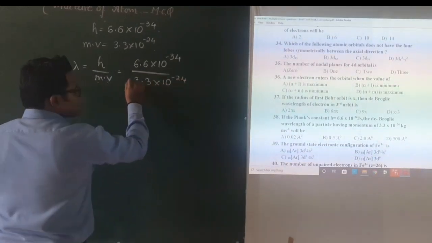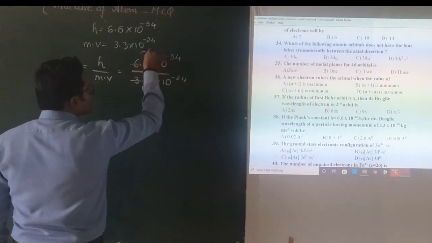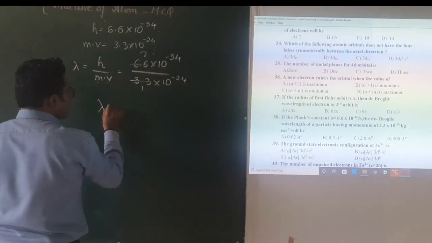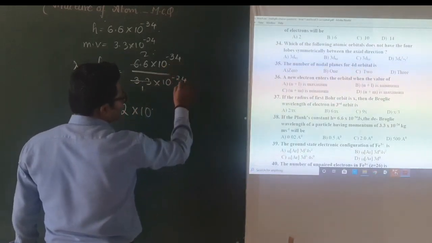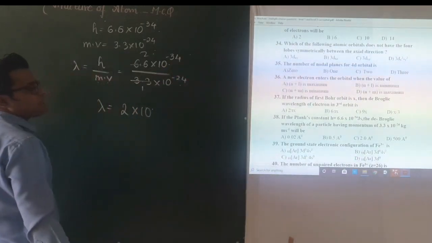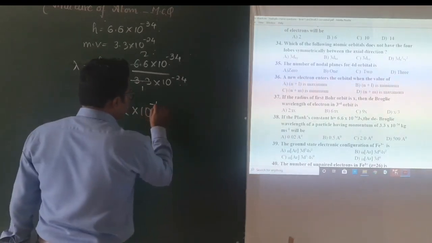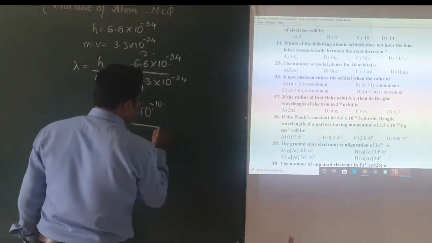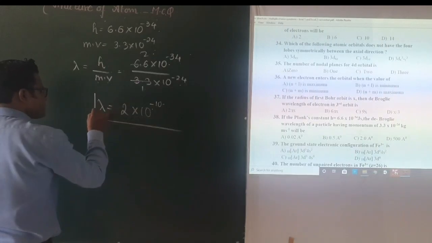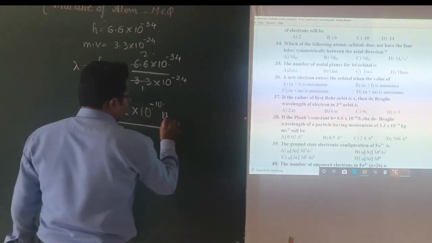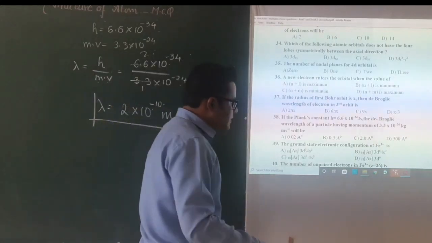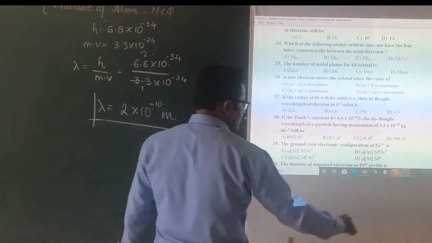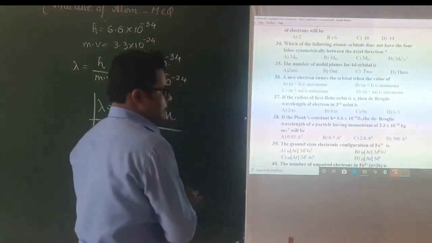So it is almost twice, quite a simple one. 2 into 10 raised to minus 34 goes on to the top, plus 24. Therefore minus 10 will be the answer, in meters, and that is nothing more than the angstroms. So what we have is the answer C in this case.